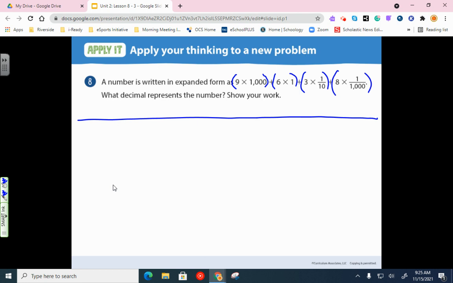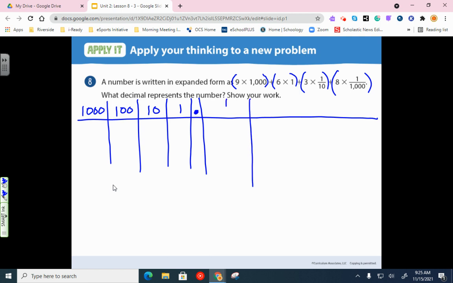So let's do this. Here's our thousands place. Here's our 100 place. Here's our 10. And here's our 1. And we know between the whole numbers and our fractional parts is a decimal point. And then we've got tenths, we've got hundredths, and we've got thousandths.